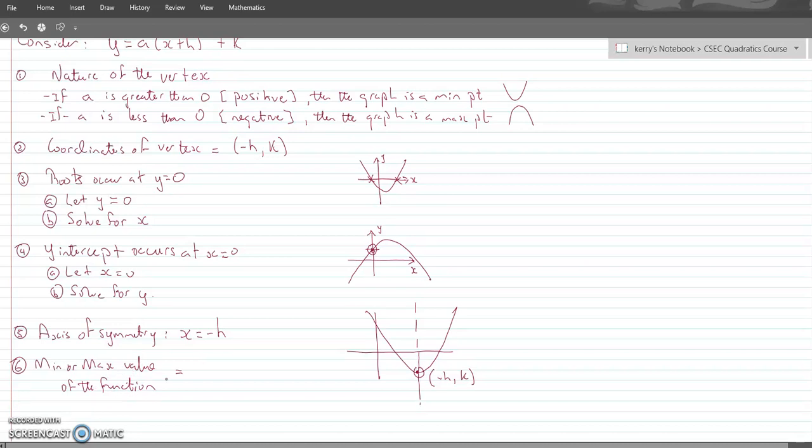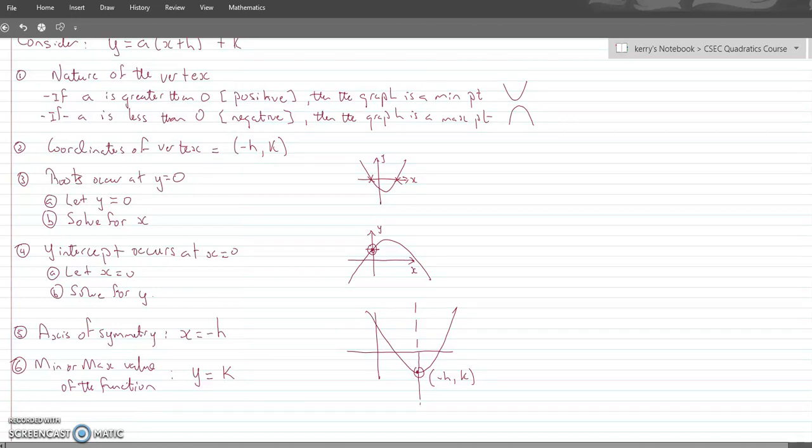The minimum or maximum y value occurs here at the vertex. So quite simply, the minimum or maximum value of the function is just y is equal to k. Whatever k is, that is the minimum or maximum value.